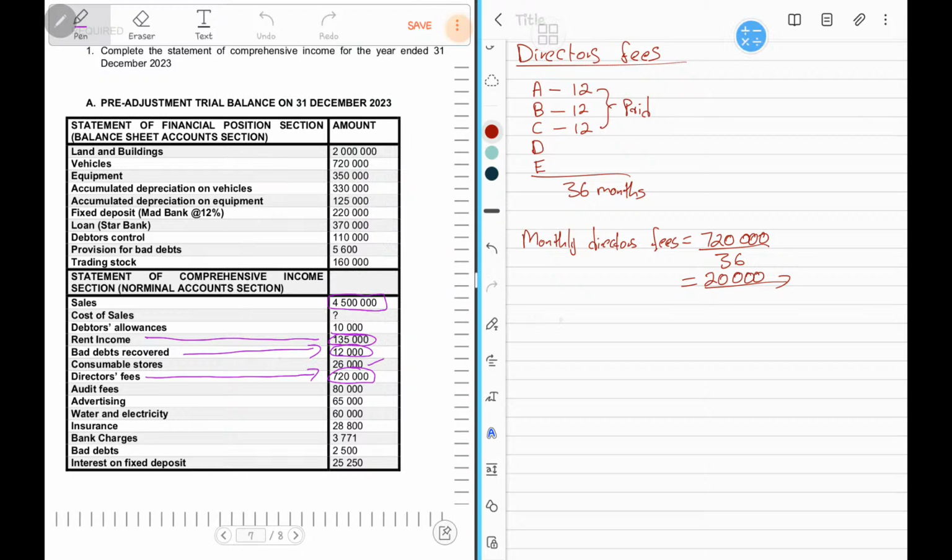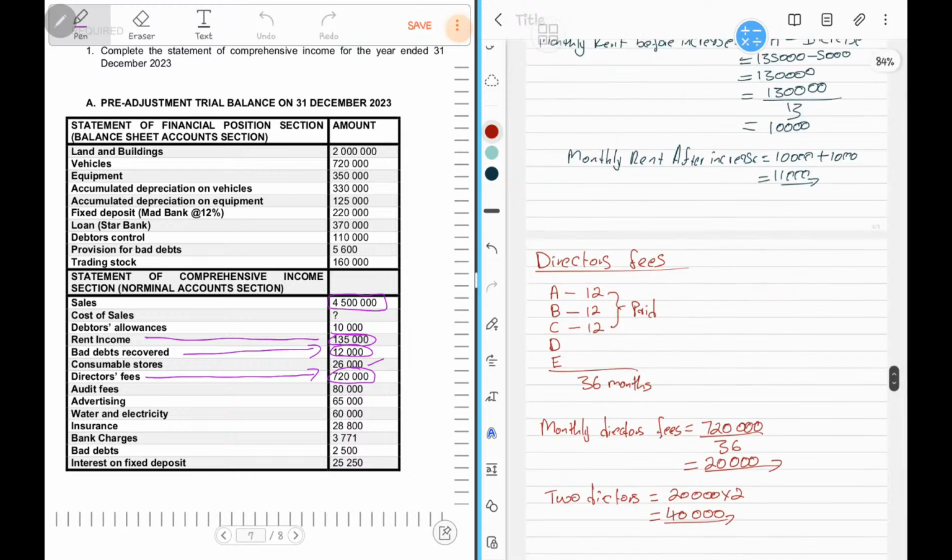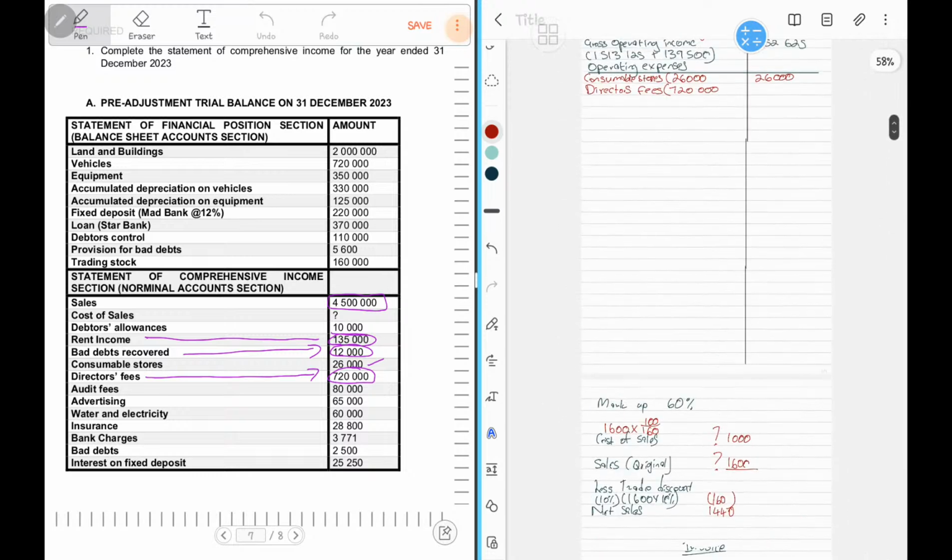Now remember, 2 directors, they worked, but then they were never paid. It means that their December directors fees are outstanding. So to find the one for 2 directors, we're going to say 20,000 multiplied by 2. It gives us 40,000. Now remember, if an expense is outstanding, it means it is owed. So we have to add it.